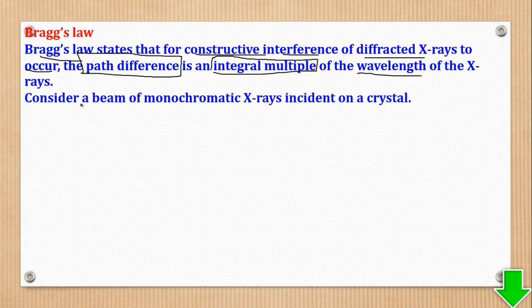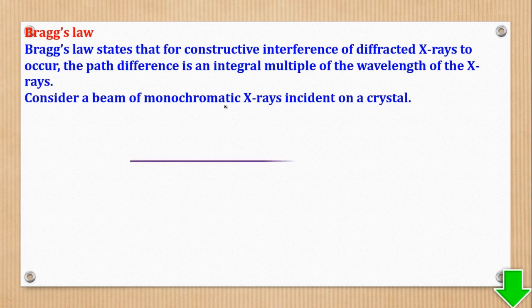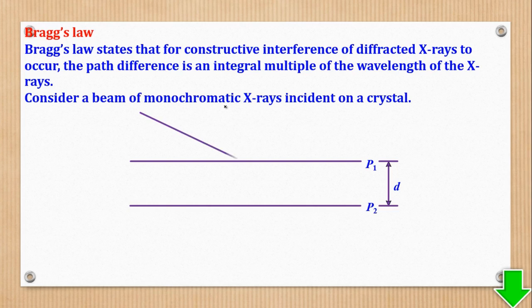So we shall consider a beam of monochromatic X-rays incident on a crystal. Let us first illustrate that. P1 and P2 are what they call the crystal planes. So this will be the monochromatic X-rays incident on the planes of the crystal.